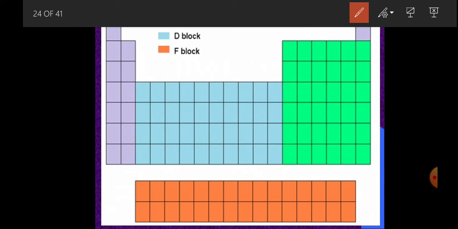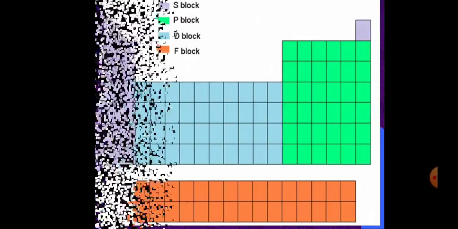If you have 2 electrons in the outermost energy level, you're going to call them group 2 elements. And that's the most vivid description of a periodic table.